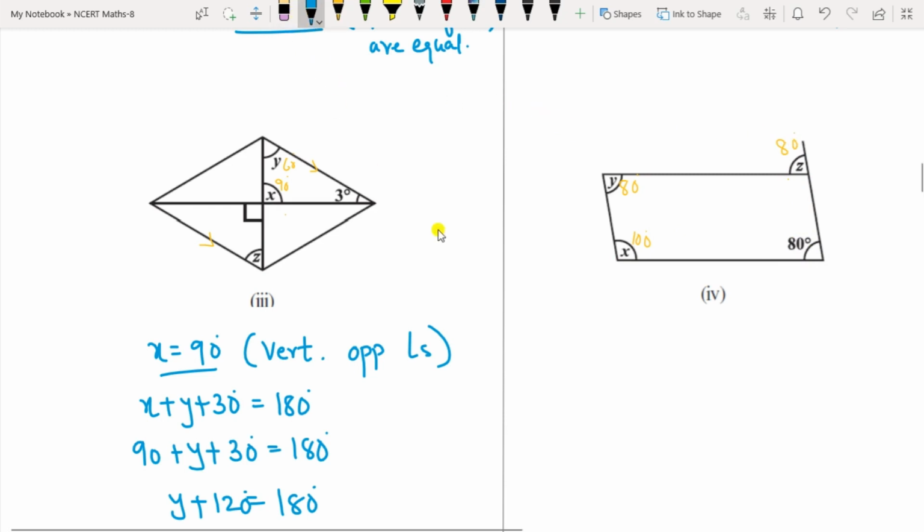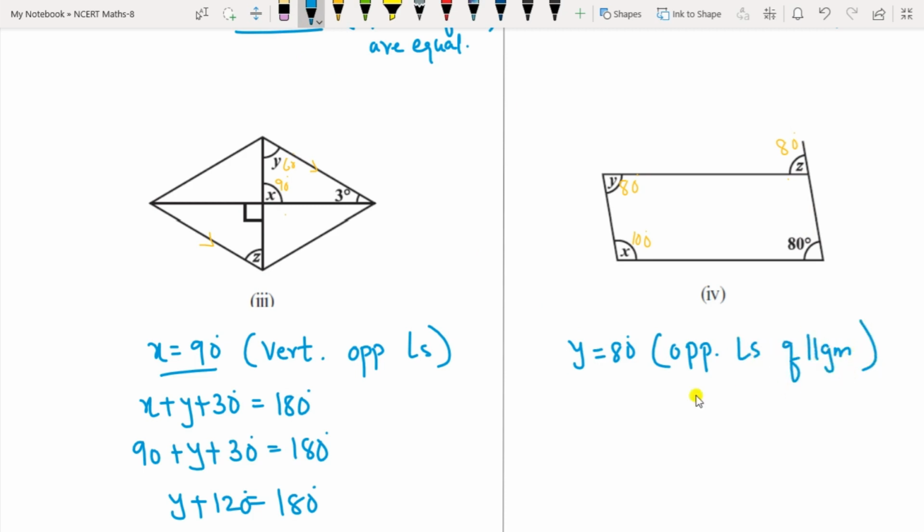So this way you can solve. You have to write here y equal to 80, that is opposite angles of a parallelogram are equal. So this is y equal to 80. Then x plus y equal to 180.